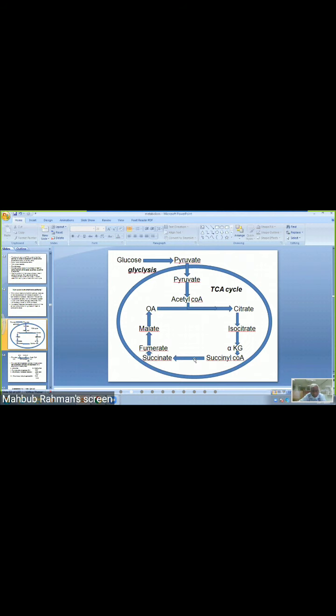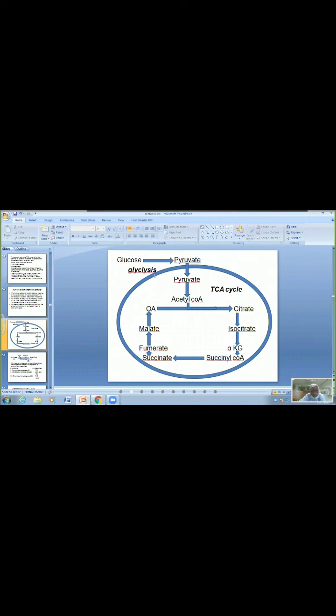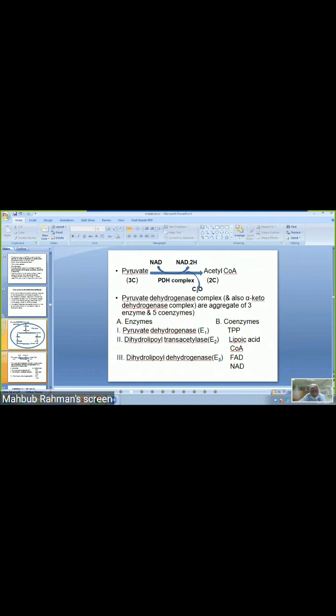Now we can go into a bit more detail of the TCA cycle. You see the first reaction, the conversion of pyruvate to acetyl-CoA, has been detailed here. Pyruvate is a 3-carbon compound, acetyl-CoA is a 2-carbon compound, and 1 carbon is used for formation of carbon dioxide.